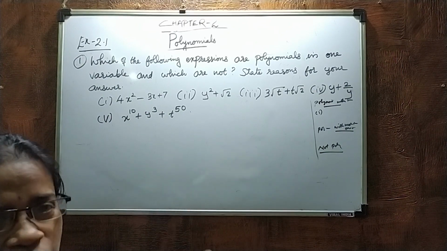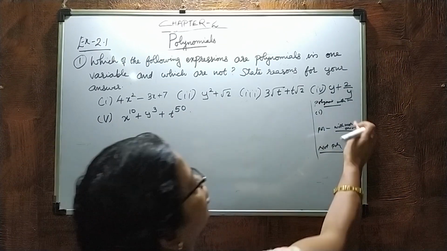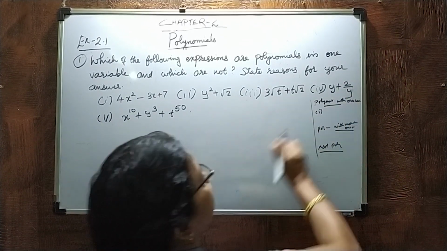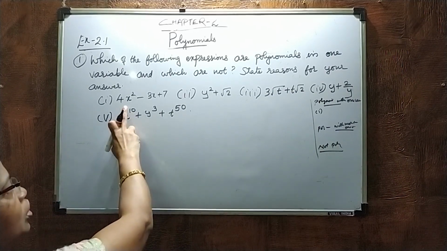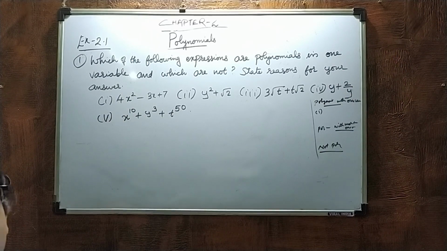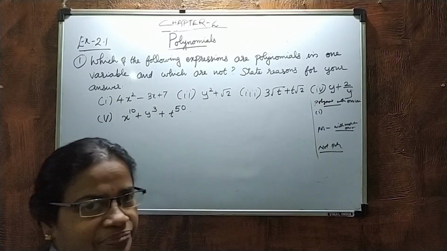Okay, first you have to do rough work. Polynomials with one variable. The first one has x, here x raised to 0, no other alphabet. So it is with one variable.